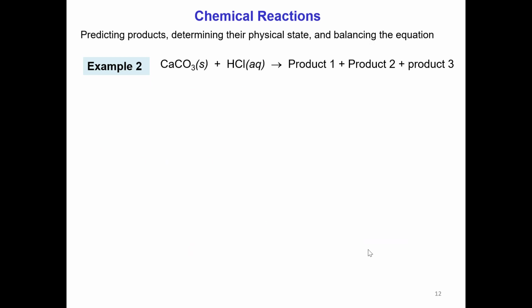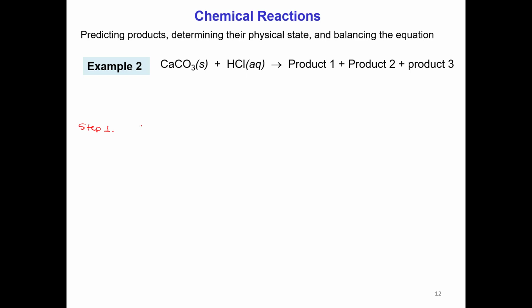Let's try one more example. In this case, we have calcium carbonate plus hydrochloric acid, and we want to find the three products that result when these two compounds react. Let's start with step number 1 and identify the ions present in the solution.